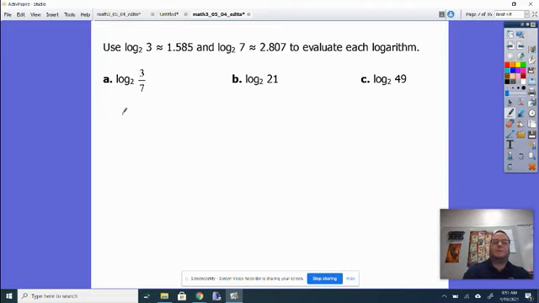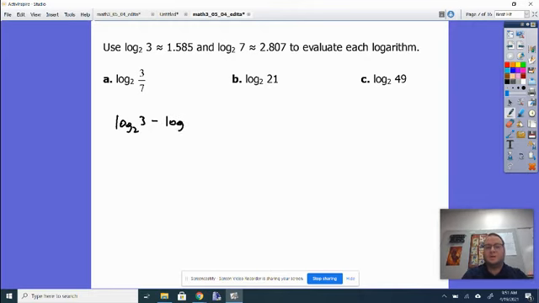But, for example, if I had log base 2 of 3 over 7, I can expand that as log base 2 of 3 minus log base 2 of 7. And then if I know that log base 2 of 3 is about that and this is about that, I can plug this in.